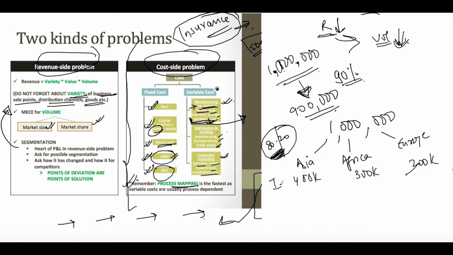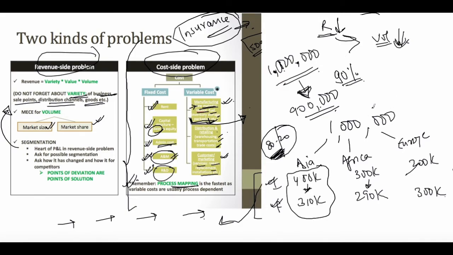Finally, now when I'm down to 900,000, it is down to, let's say, 310k, 290k, 300k. So this is 1 million, this is 900,000. Now I see the maximum dip is in Asia. Africa also has seen a dip, but the maximum dip is in Asia. So I'll first focus on this.